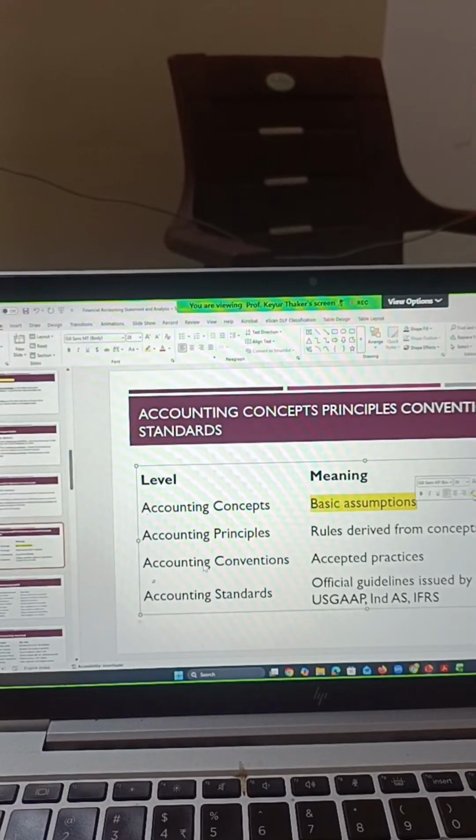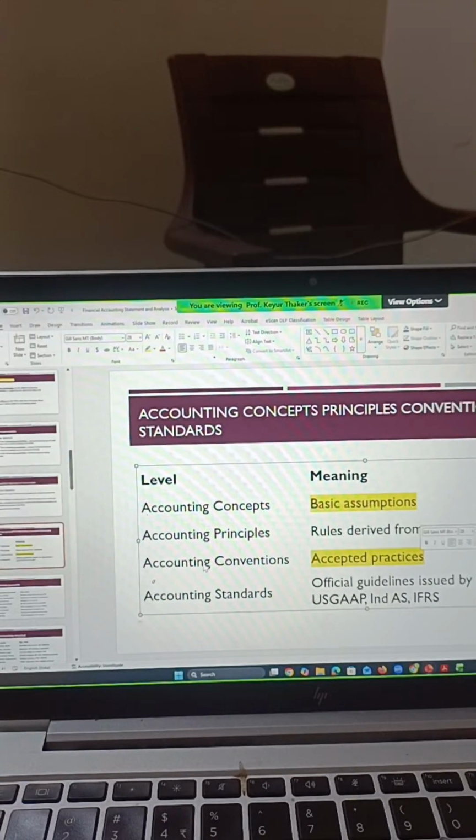Right. So there are accounting principles. There are rules derived from the concepts and accounting convention, which is the generally agreed practice of accounting that a region follows. In every region there is a generally accepted accounting practice. So there may be some variation in the accounting practice of India vis-a-vis Europe vis-a-vis the US.